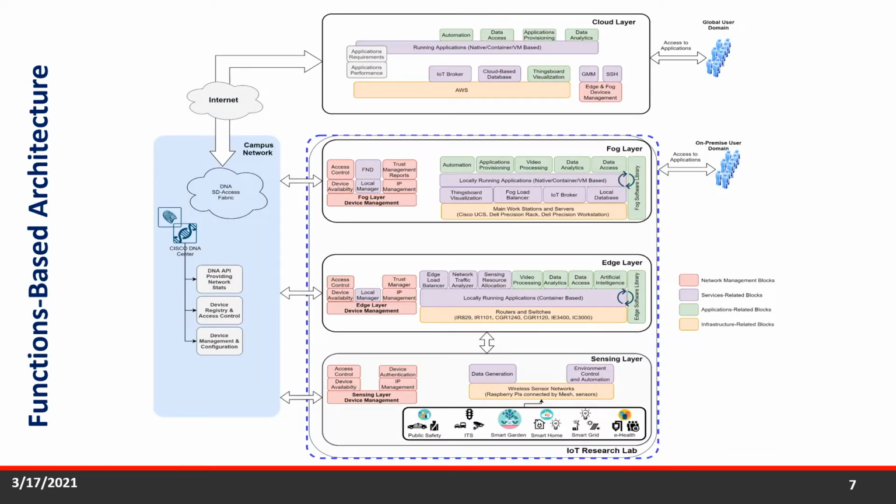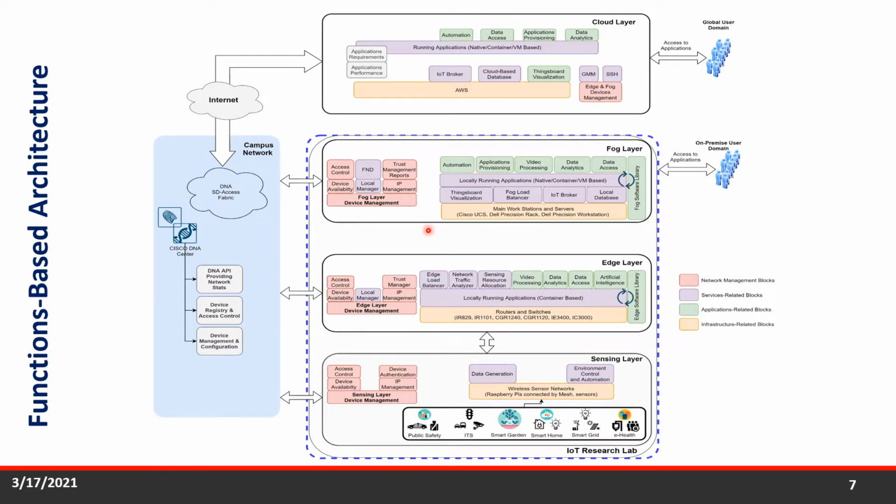A second view of the architecture is presented here that focus on the different functions and features. In a similar manner, the IoT research domain is presented on the right side within the dashed blue rectangle. This includes the main layers of sensing, edge computing, fog computing, while the cloud layer comes on the top of the previously mentioned layers.